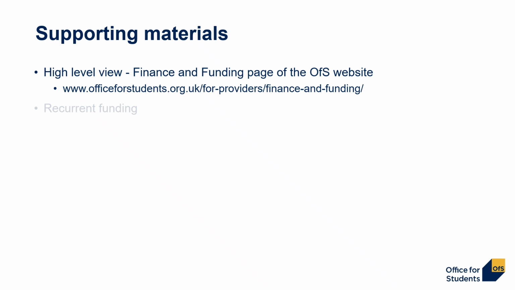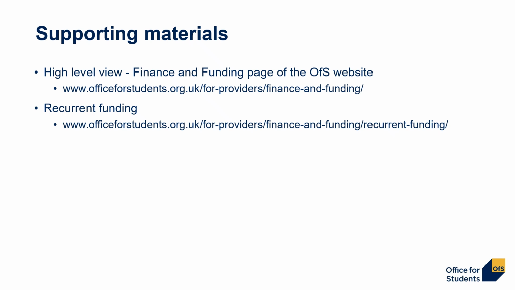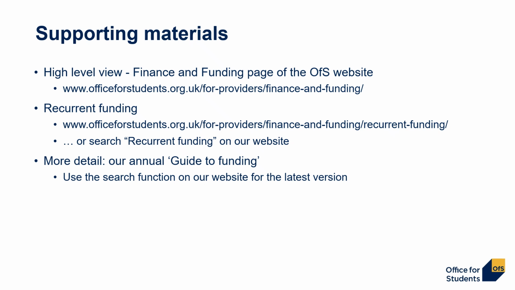For an overview of recurrent funding specifically, add the hyphenated words recurrent-funding to the last URL, or perhaps an easier way is to use the search function on our main web page and enter recurrent funding. For more detail about funding, see our annual guide to funding, and you can search for that term on our website to find the latest edition.